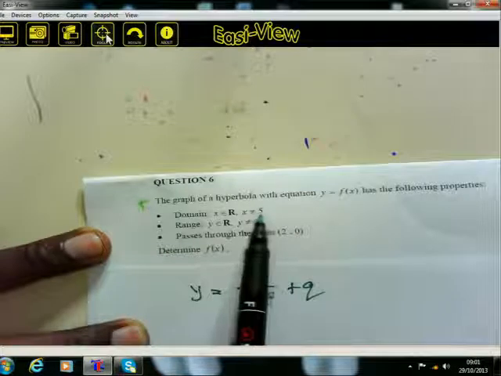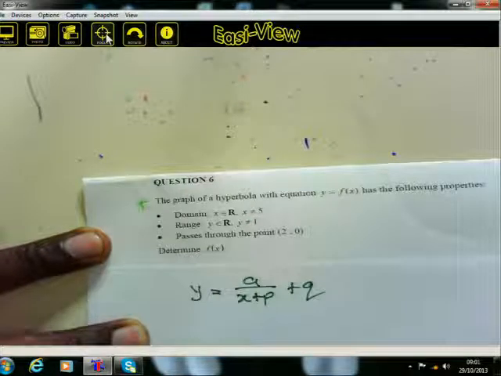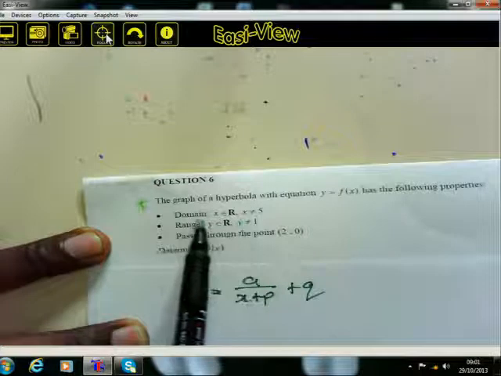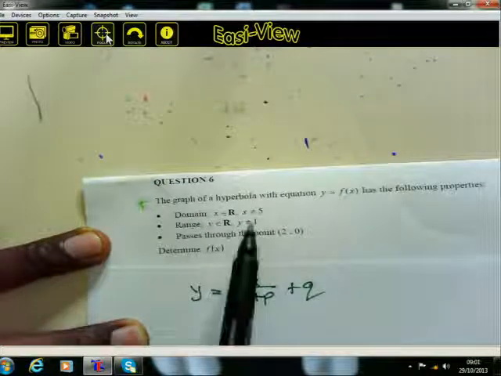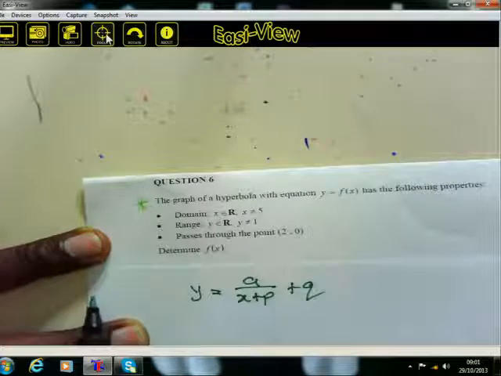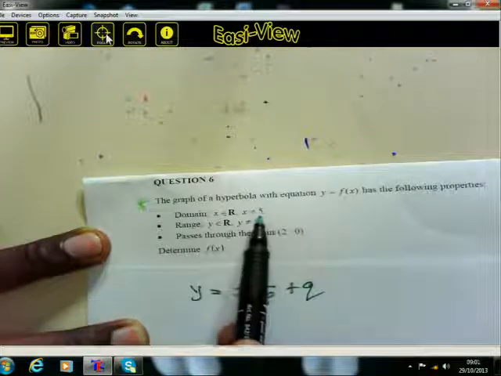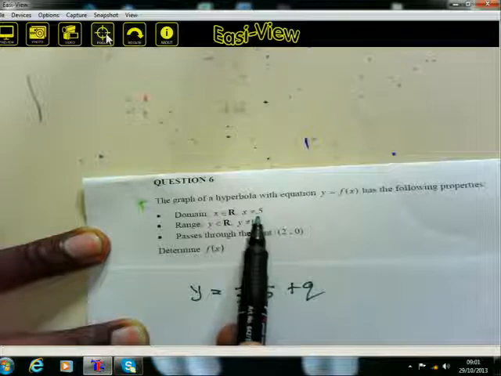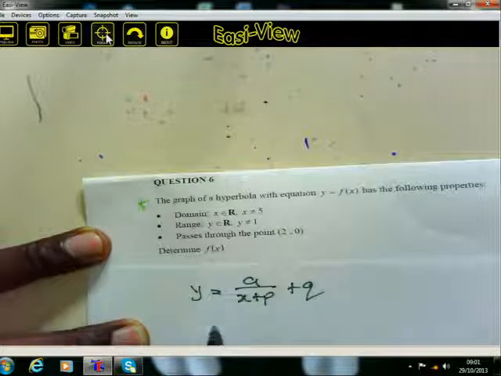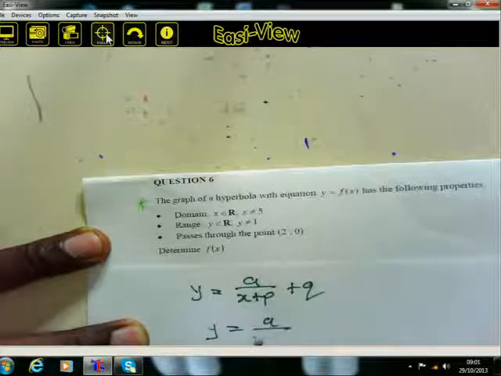What does this mean? It means this hyperbola does not touch 5. It means this 5 is the asymptote, in y equals a over x. Here we must write 5.